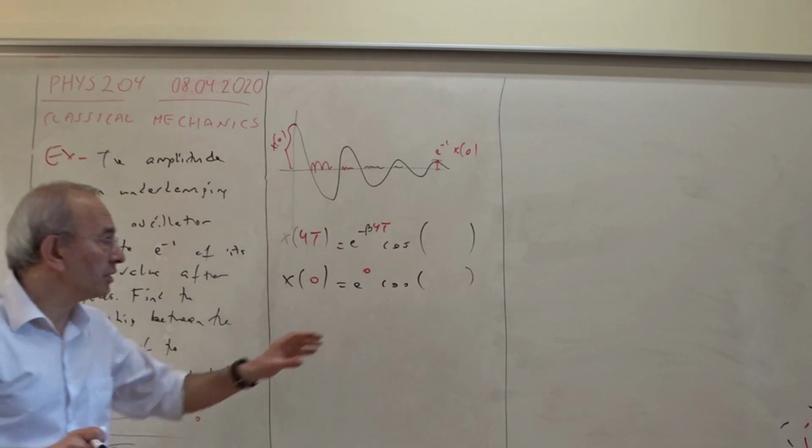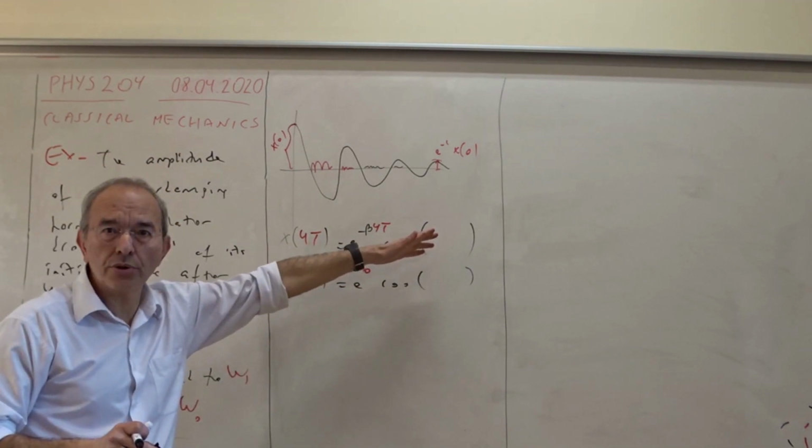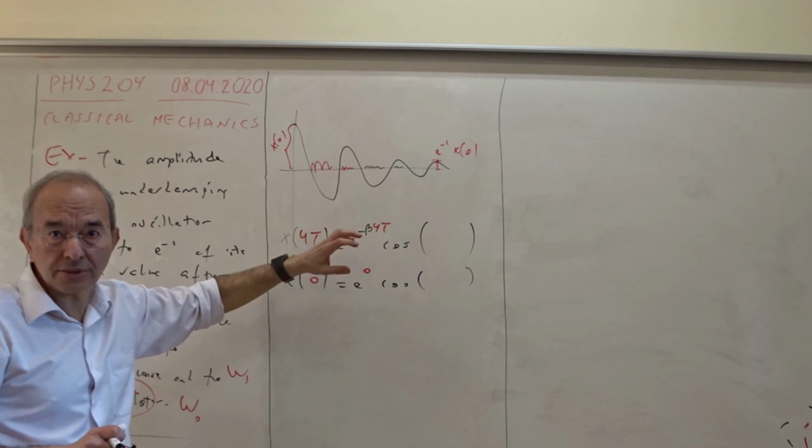So we are not interested in the cosines. The amplitudes, the first terms, are important.